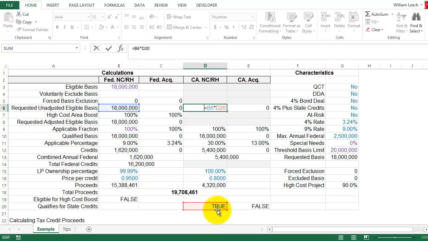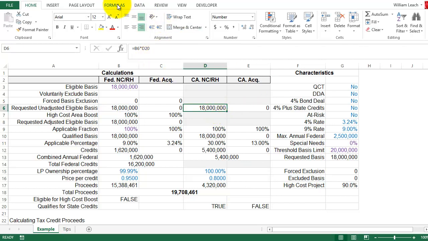And true and false is a Boolean variable. It's true or false, on or off, 1 or 0. And when you use such a variable with arithmetic, it turns it into 1 and 0. So it's taking 18 million, multiplying it by 1, and so the 18 million is carrying forward.